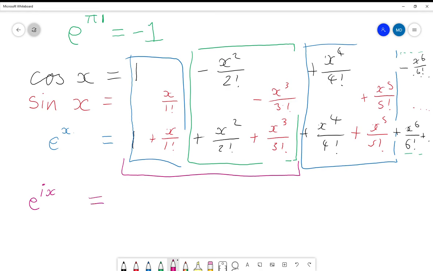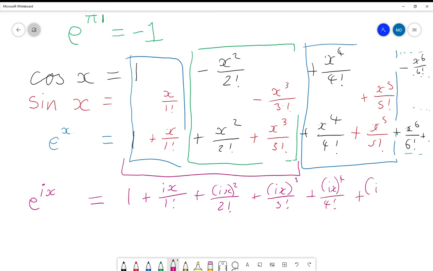Well, it's going to be 1, the 1 stays the same, plus ix over 1 factorial, plus ix squared over 2 factorial, plus ix cubed over 3 factorial, plus ix to the 4 over 4 factorial, plus ix to the 5 over 5 factorial, and so on and so forth.